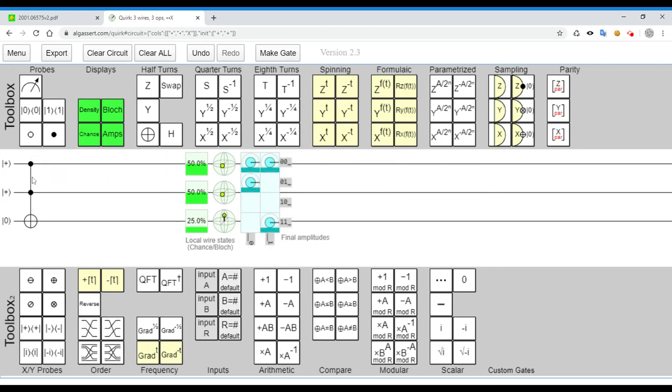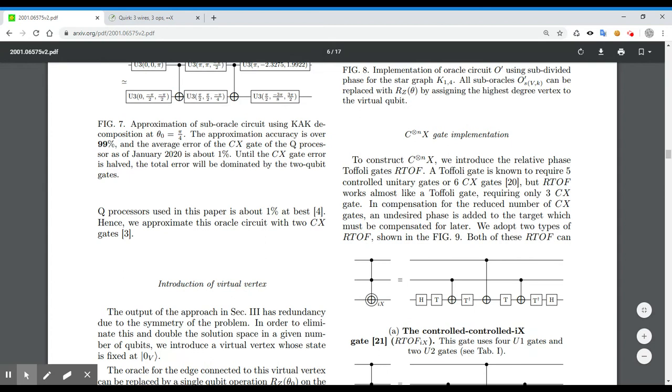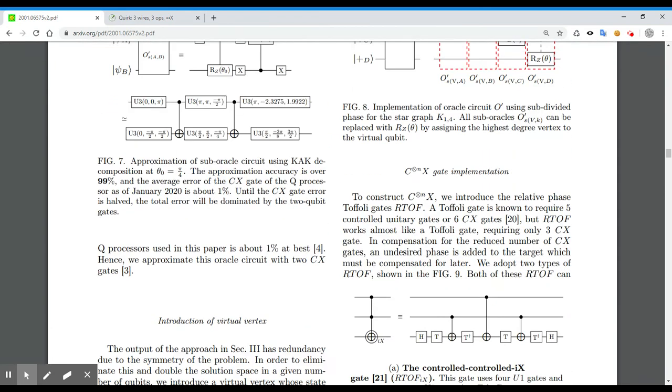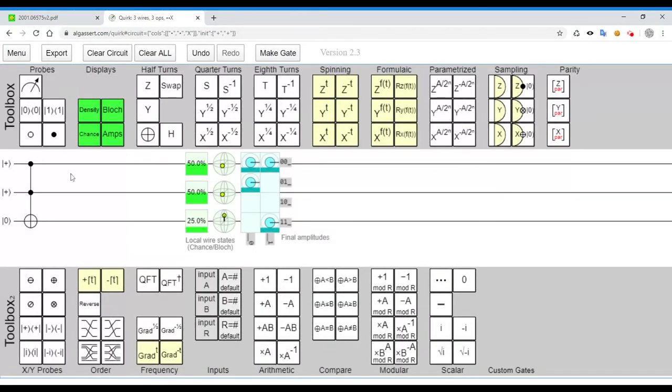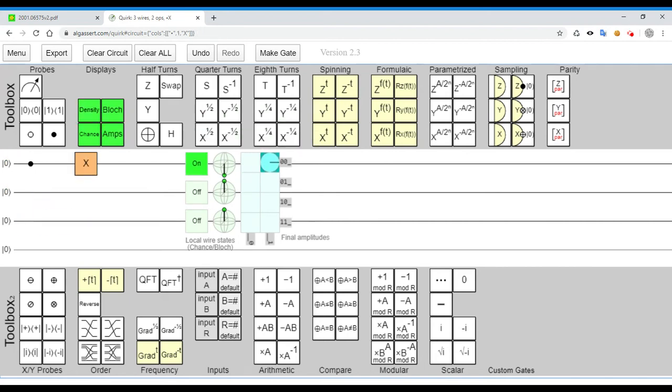So the idea is how to implement that, because typically to implement that you would require, I think, a Toffoli gate that requires 5 controlled unitary gates. So I think the idea is that if you would want to do something like that, you would have to do it with control knots.